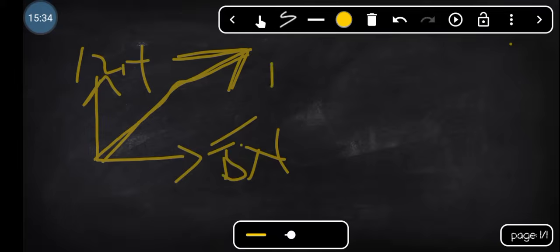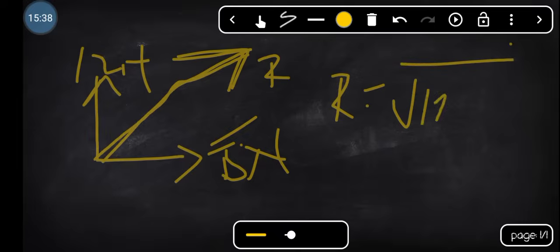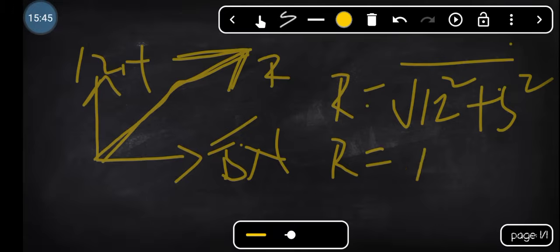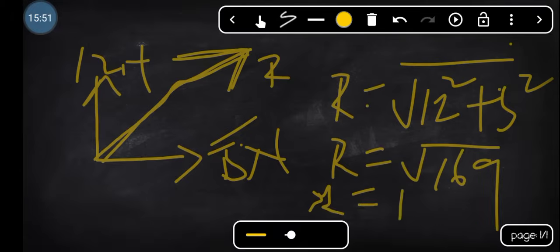The formula for the resultant force will be R equals the square root of 12 squared plus 5 squared. When you use your calculator, 12 squared plus 5 squared gives you 169. Therefore R equals 13 Newton. So the resultant force is 13 Newton.